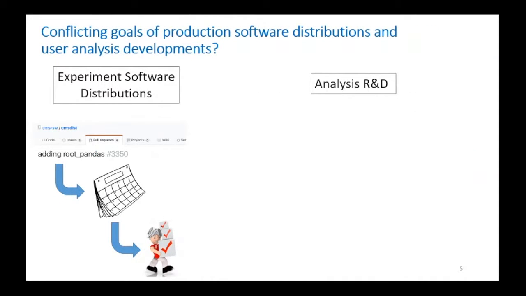You can quickly realize there are conflicting goals between the person responsible for a software stack and an analysis user. When you make a pull request in CMS, you wait days before some grumpy person gives you comments telling you that you did something wrong, and you iterate through the loop, but eventually your idea succeeds and you can implement the test that you wanted.